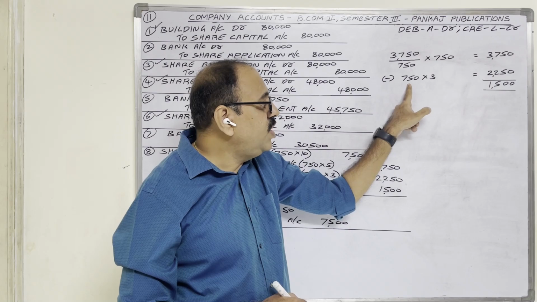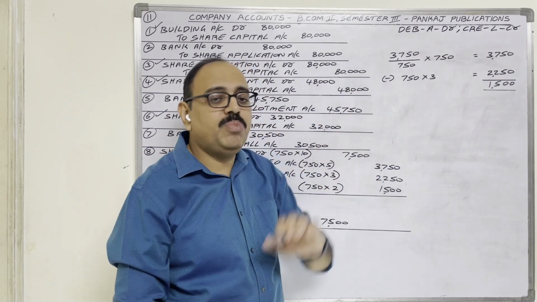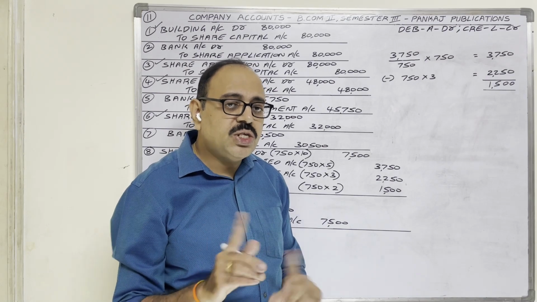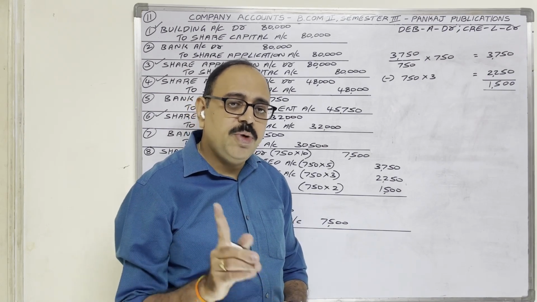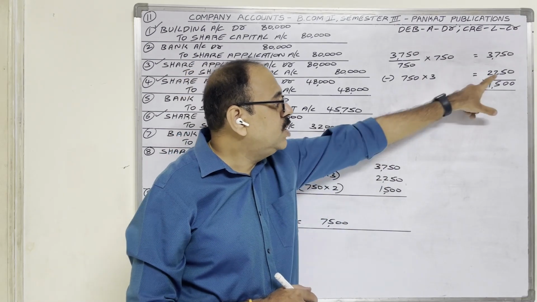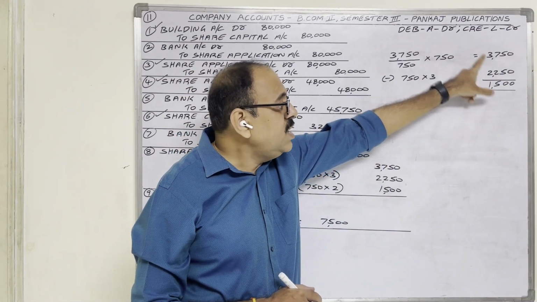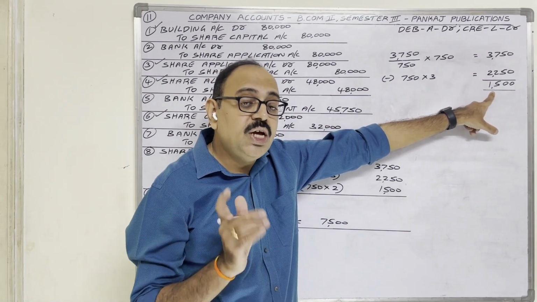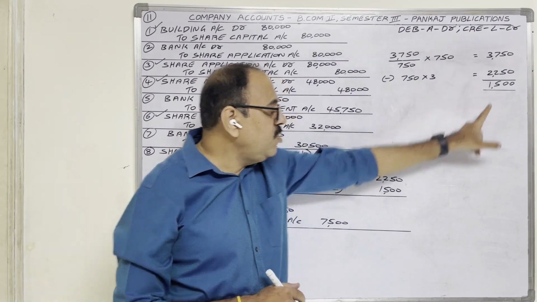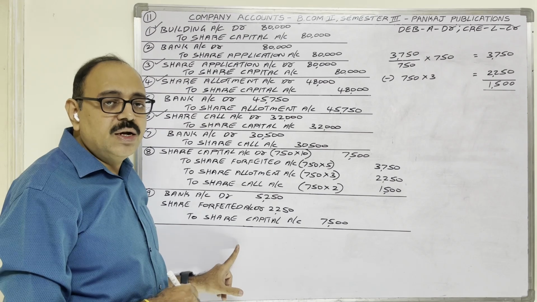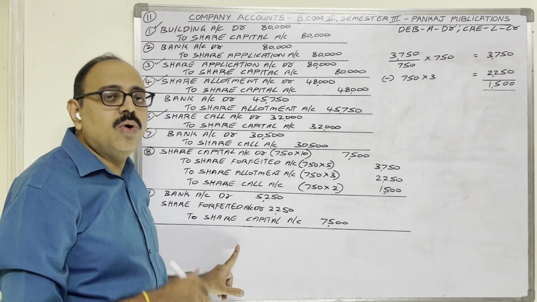So 750 shares are issued at 7 rupees each. Face value is 10 rupees. So on one share discount is 10 rupee minus 7 rupee, 3 rupees. On 750 shares total discount is 2250. Then difference 1500 is credit balance in share forfeited account. That amount we should transfer to capital reserve. So when you transfer like that, share forfeited account will get closed.